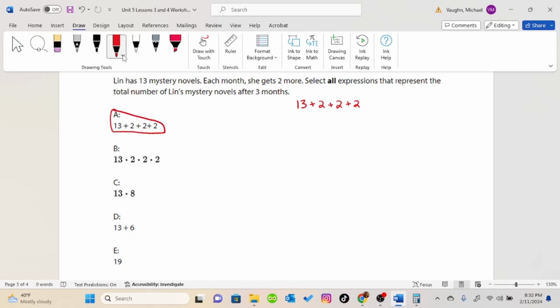Choice B is incorrect because this would represent an exponential function. Choice C would also represent the exponential function, and we have a linear function.